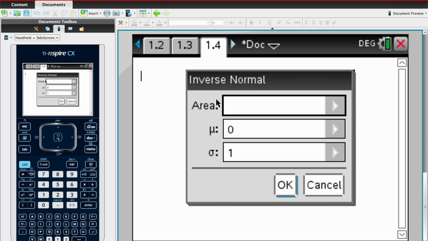So here we go, the area. Going back to our document just for a sec. By convention, the calculator sweeps area from left to right. So if you want to reach this value of t, what is the area that you need to sweep through? It's not 43% because that'll only take you to about here.